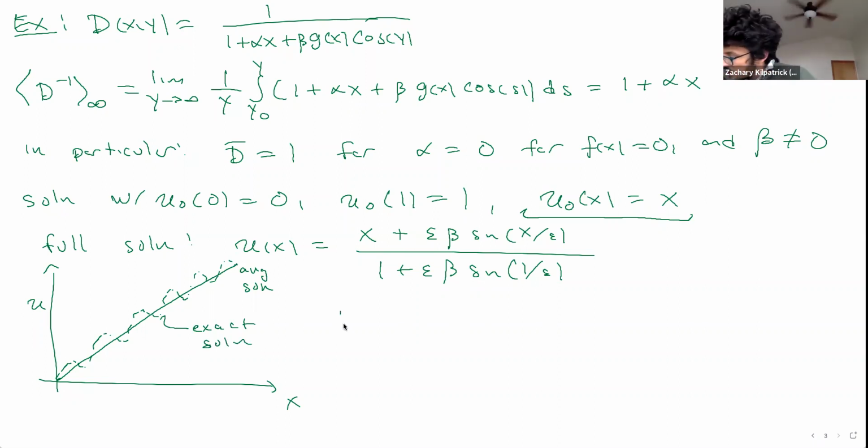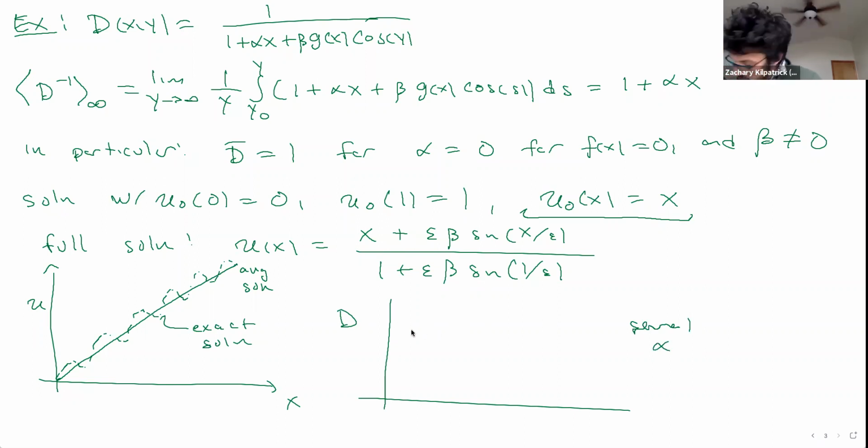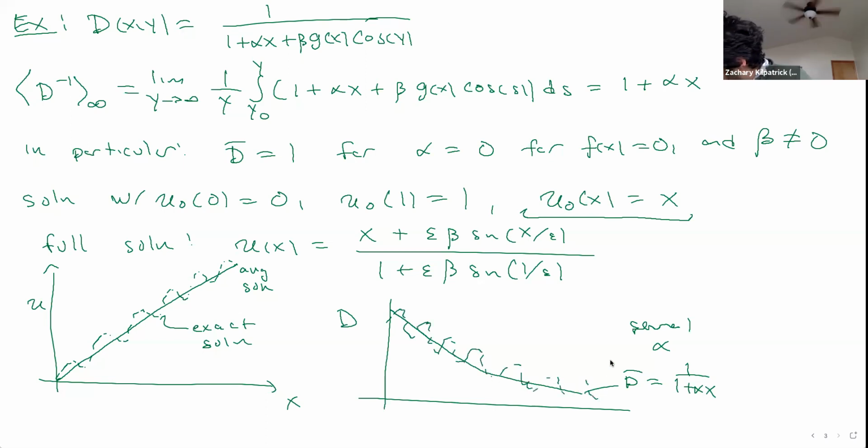And by that same token, our homogenized coefficient here, so let's take a general alpha, would be something like this, our effective coefficient. This would be d bar equal to 1 over 1 plus alpha of x, whereas our exact coefficient would be something like this.